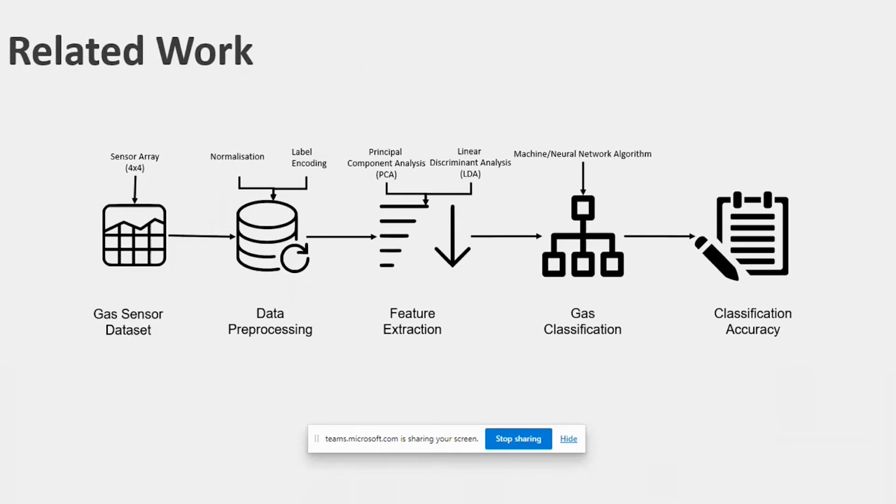And this is an overview of the related work, which shows that a lot of work has been done before, where different researchers have done different work with different machine learning algorithms. Let's start with the first gas sensor data set. This data set is collected by a 4x4 sensor array.